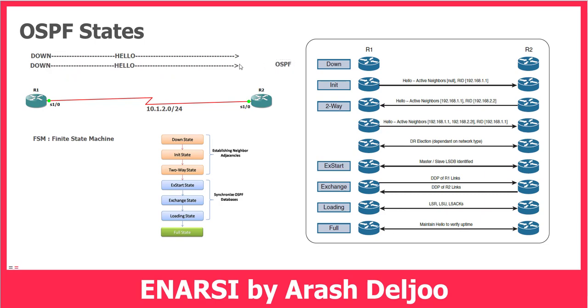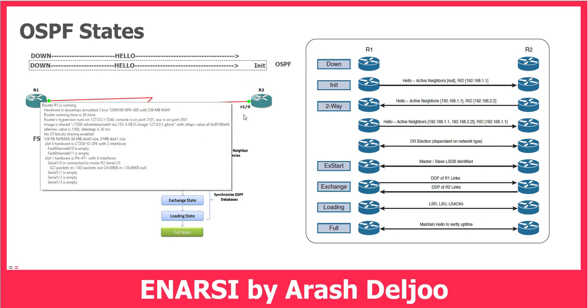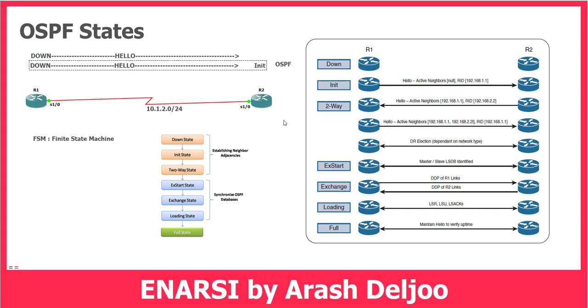Now router 2 is in the init state, but because router 2 doesn't send any hello packet to router 1, router 1 doesn't know anything about router 2. You know that in the hello we have one field called active neighbors. Because router 1 doesn't know about router 2, we don't have any information there. Actually, in the active neighbors field we have null information, meaning empty.